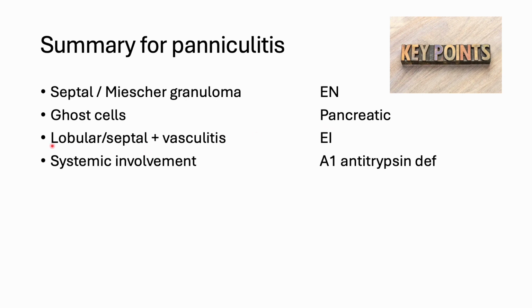If we see both lobular and septal panniculitis with vasculitis, we should think erythema induratum. If we see lobular and septal panniculitis plus systemic involvement, we should think alpha-1 antitrypsin deficiency. Those are the most important differential diagnoses.